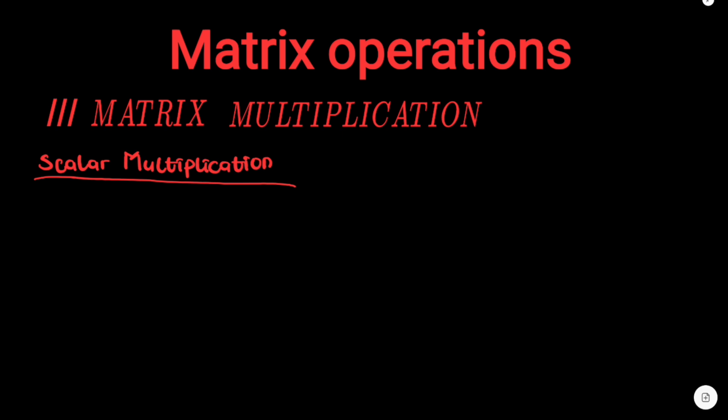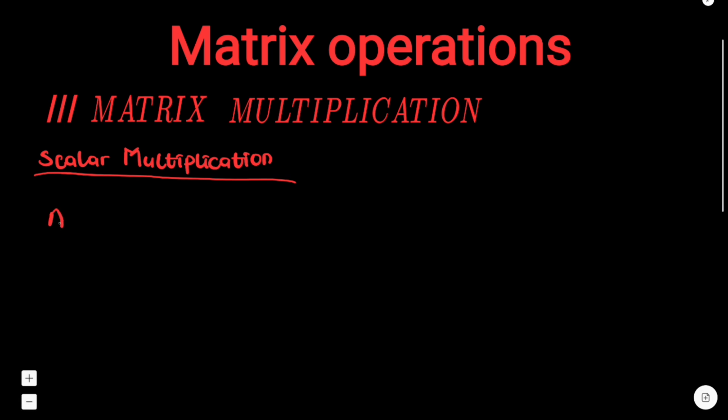So let's say we have the matrix A equal to 2, minus 1, 4, 3, and we have been given a scalar of 3. To multiply this matrix by this scalar, we simply multiply the scalar by every element in the matrix.